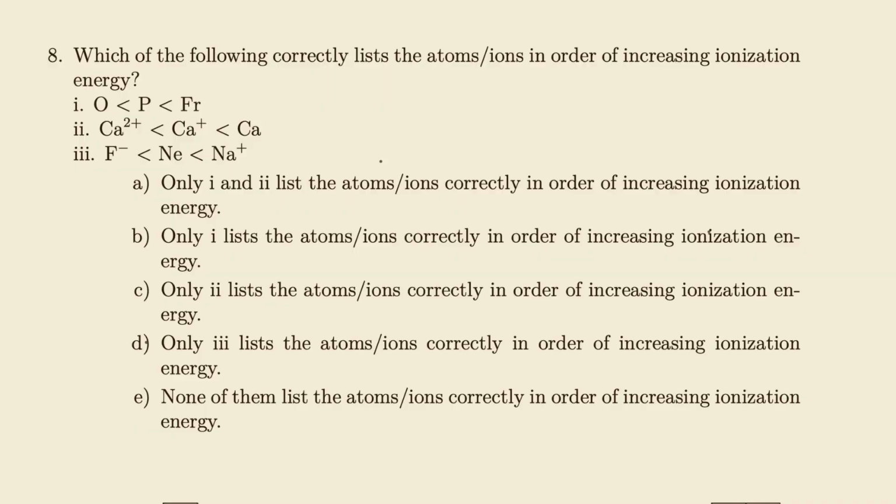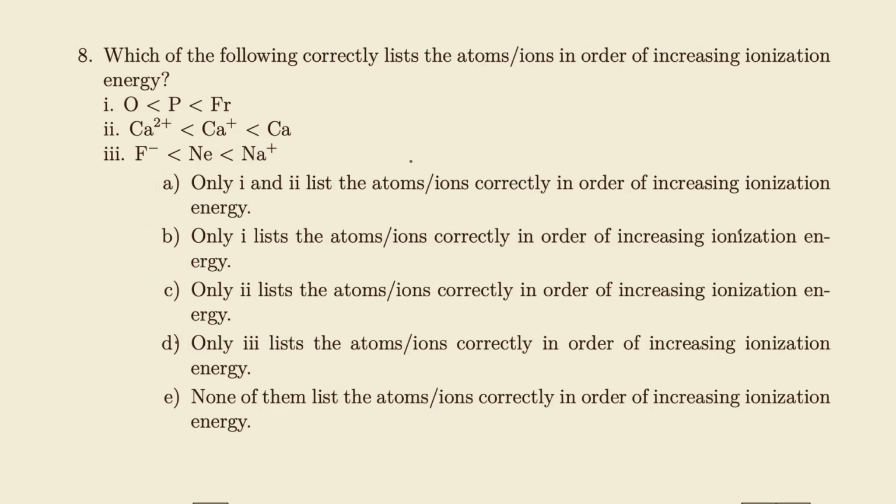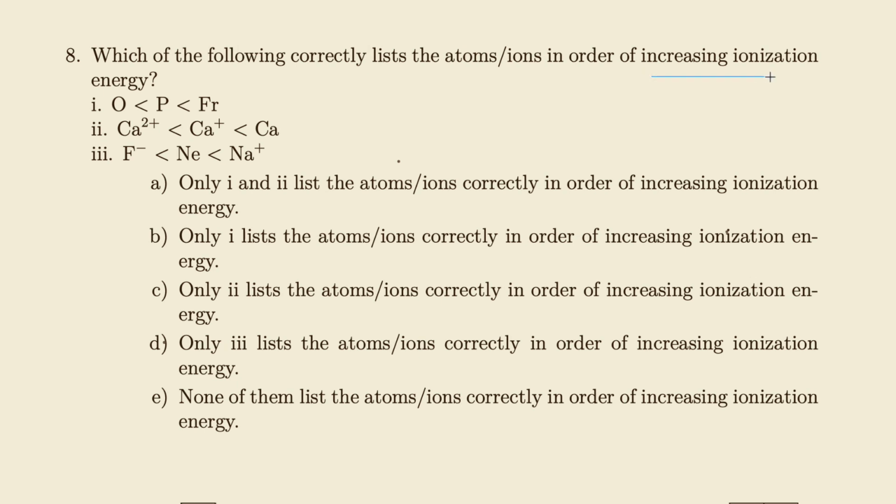So a type of question that you might expect would be, which of the following correctly lists the atoms and ions in order of increasing ionization energy? Now please remember that we treat atoms a little bit differently than we do ions. For atoms, we can just use the periodic trends. And so that first list is just of atoms.